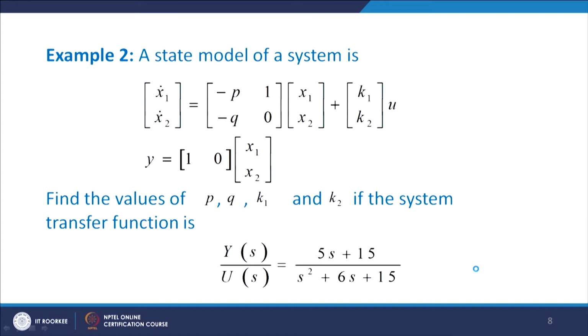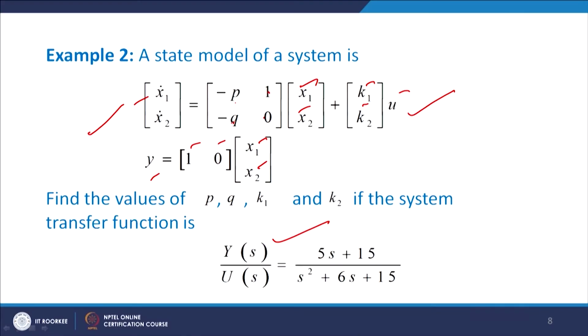Now, we will take another example. Till now, we have taken a particular state space model and from this we have got some transfer functions. Now, here we are given the transfer function model, and the state space model is also given, but there are some unknowns. In this example 2, x1 dot, x2 dot equals minus p, 1, minus q, 0 times x1, x2, plus k1, k2 times u, and y equals 1 0 times x1, x2.